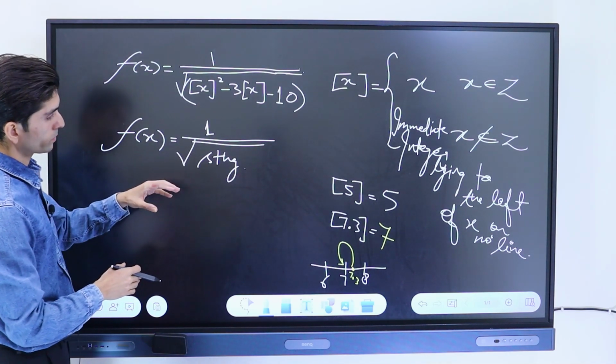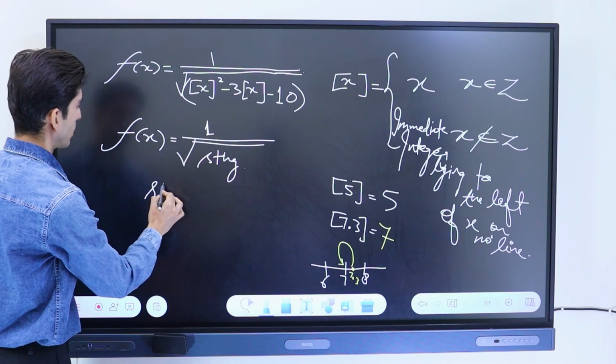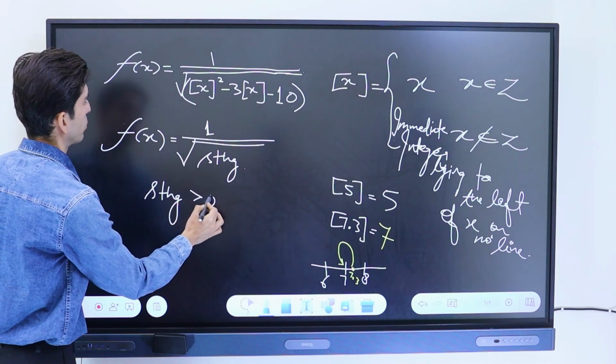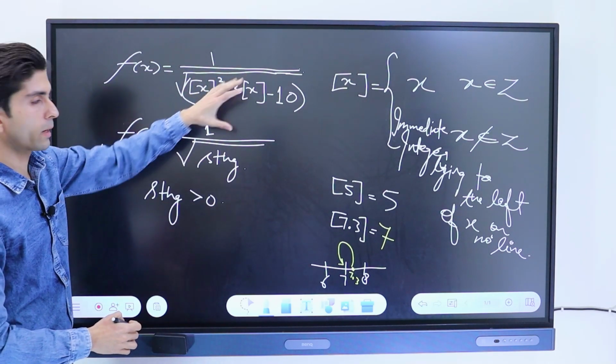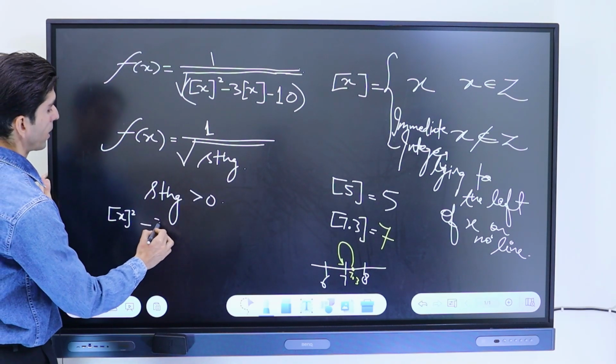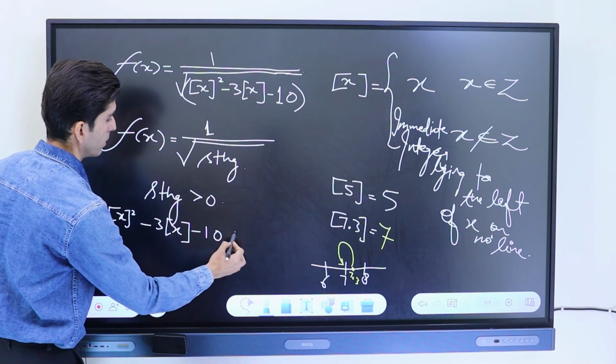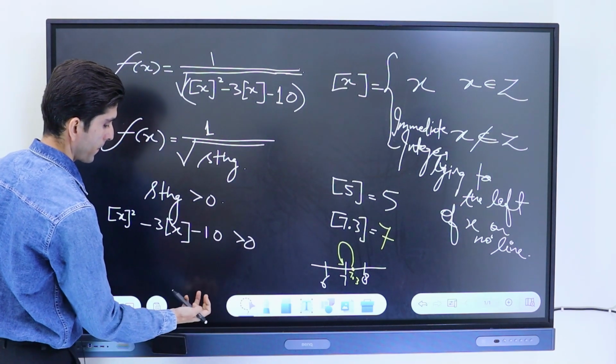So to define this expression, we have to make sure that something is greater than 0. Now our something in this case is greatest integer of x square minus 3 times greatest integer of x minus 10 greater than 0.